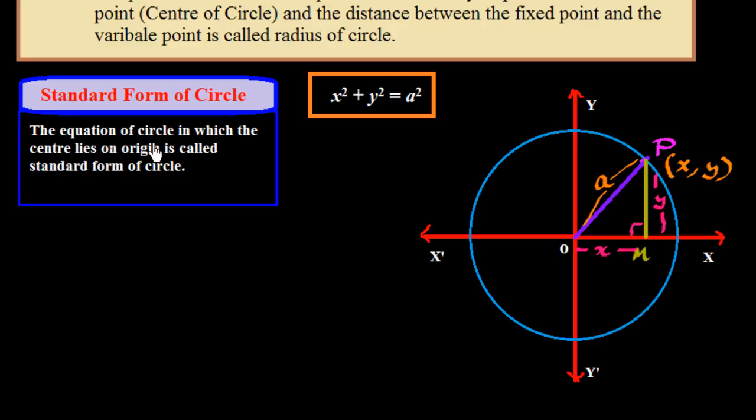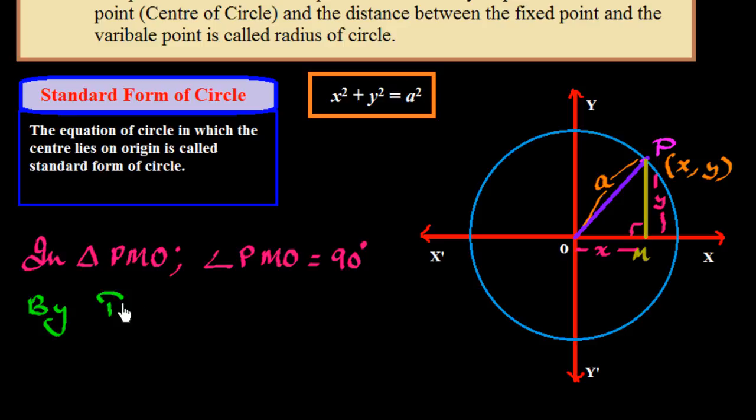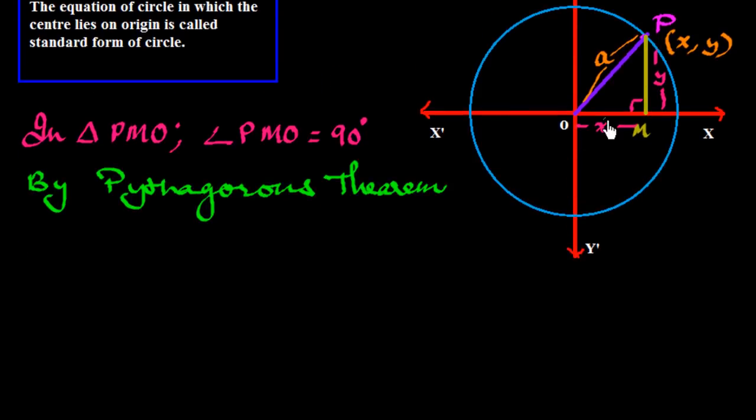By Pythagoras theorem, in triangle PMO, angle PMO is equal to 90 degrees. We know that the square of the side opposite to the right angle is equal to the sum of the squares of the other two sides in a right angle triangle.